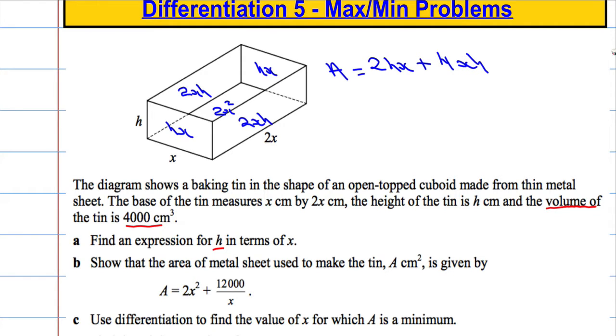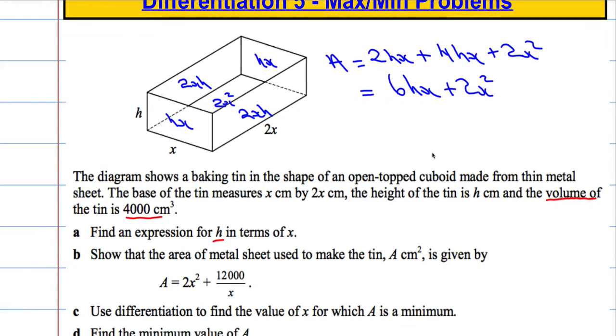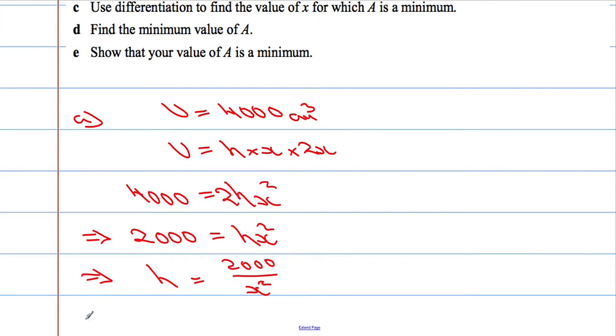In fact, I'm just going to modify this a little bit because 2xh and 2hx are the same thing, and then we've got the base, which is 2x squared, and tidying this up we end up with 6hx plus 2x squared. So A equals 6hx plus 2x squared.